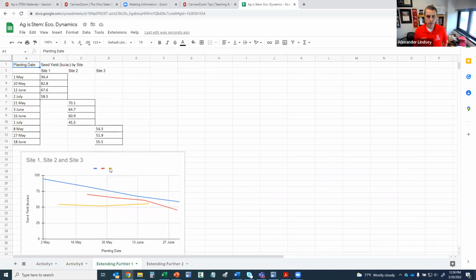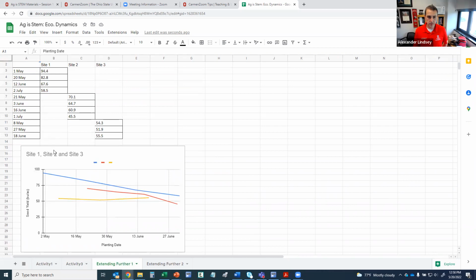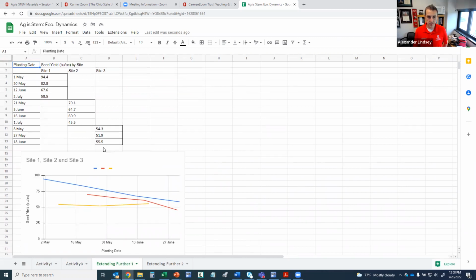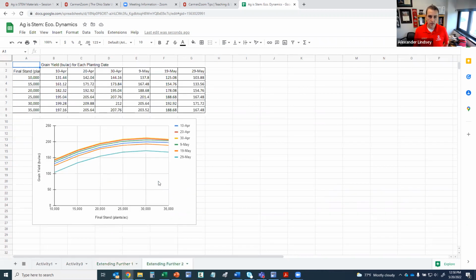Extending further, one is showing that planting date effect, we had a negative relationship at 2 sites, no relationship at a 3rd site. And then looking at seeding rate optimization, really there's no change in optimal seeding rate. It's just overall yield potential changes with our planting date.